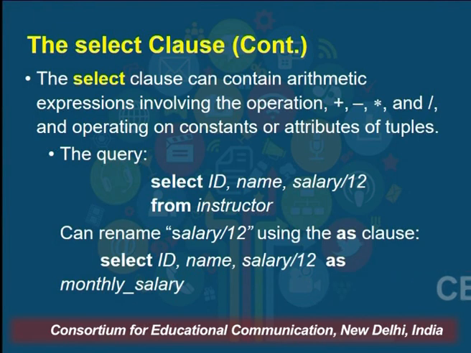Now this salary divided by 12 seems kind of weird. The appropriate name here is monthly salary. So what do we want to do? We want to rename salary divided by 12, and that can be done using the as clause.